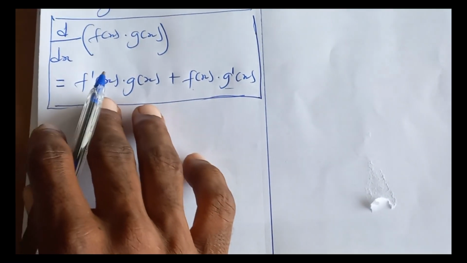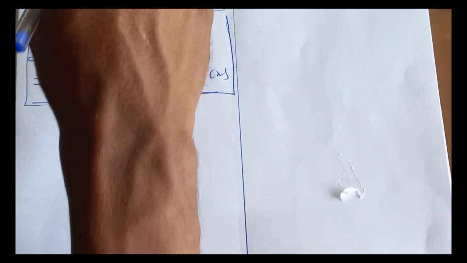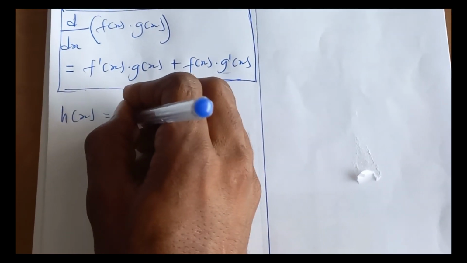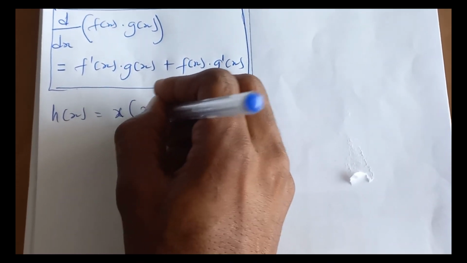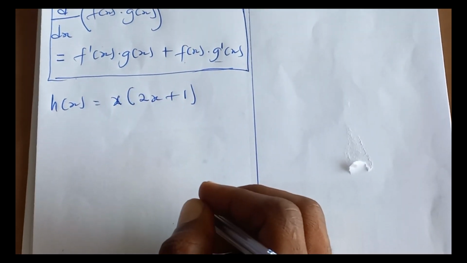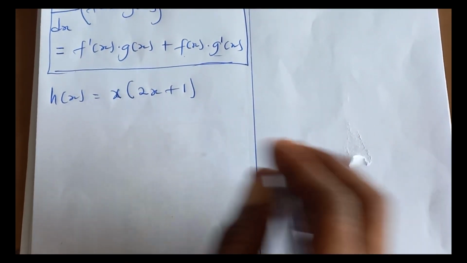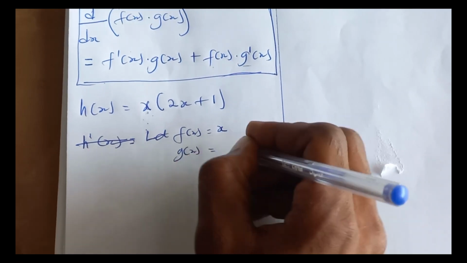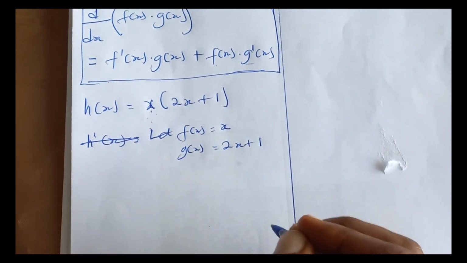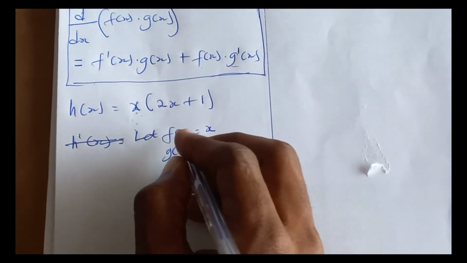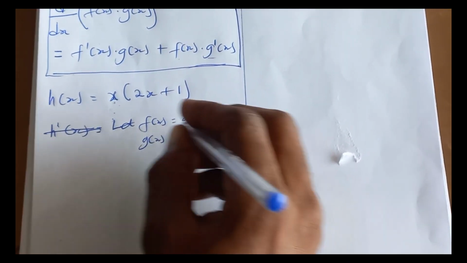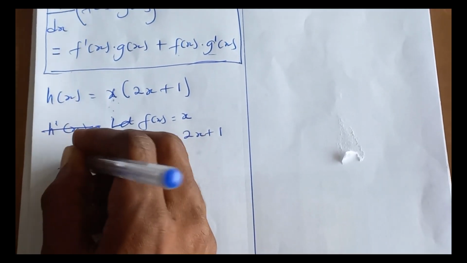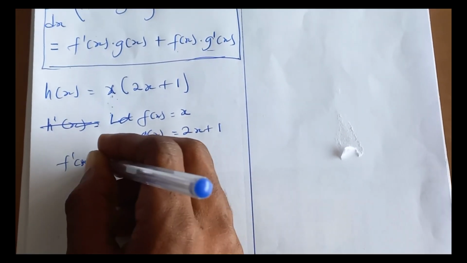Good. So let's use this product rule to solve our question. The question is h of x is equal to x into brackets 2x plus 1. Now we can say that f of x is equal to x and g of x is equal to 2x plus 1. Now our f prime of x, what are you going to get?